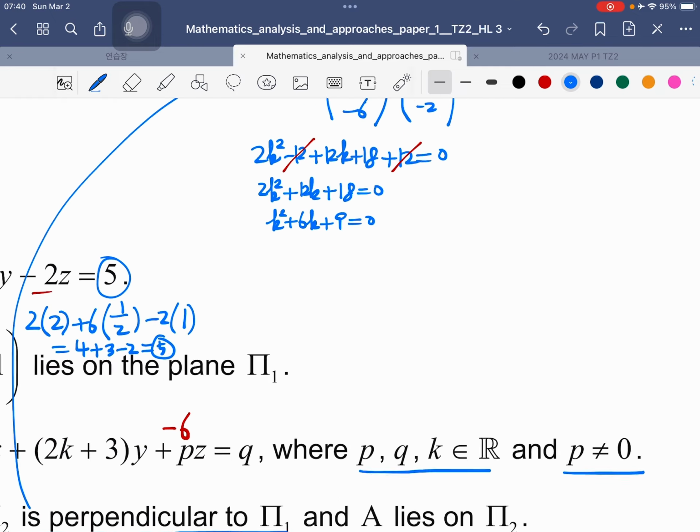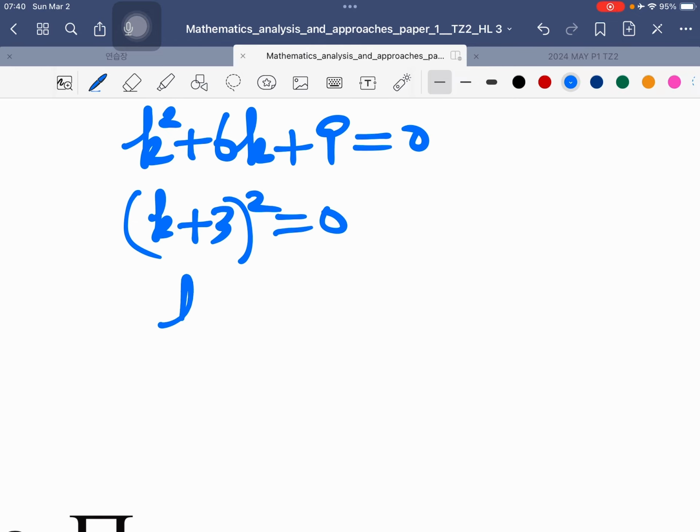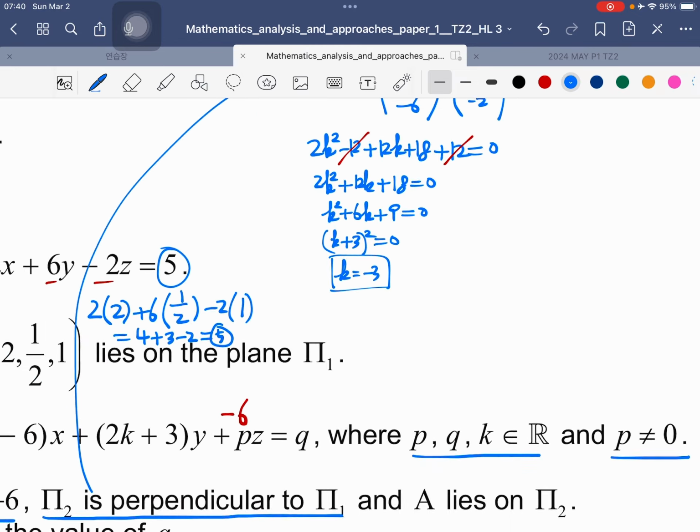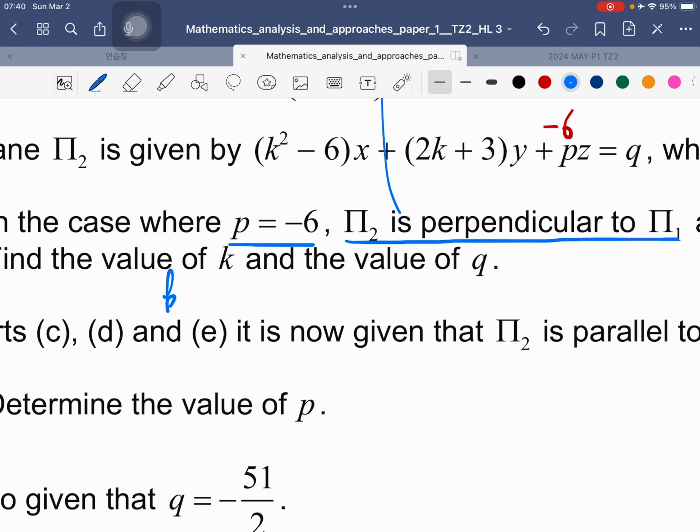This is a perfect square. So (k plus 3) squared is 0, right? (k plus 3) squared is k squared plus 6k plus 9, exactly. So k must be negative 3. So the value of k is negative 3.